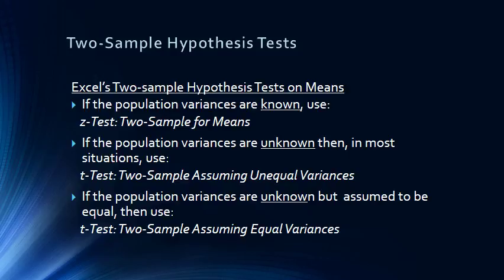In Excel, for two sample means, if we know the population variances, again we use the z-test. If population variances are unknown, then in most situations we use the t-test two-sample assuming unequal variances. If the population variances are unknown but assumed to be equal, then we use the t-test two-sample assuming equal variances.